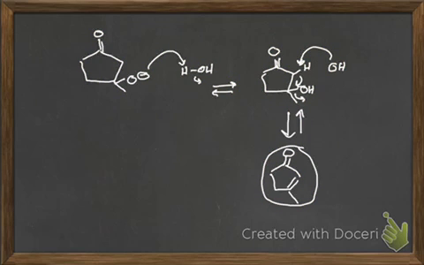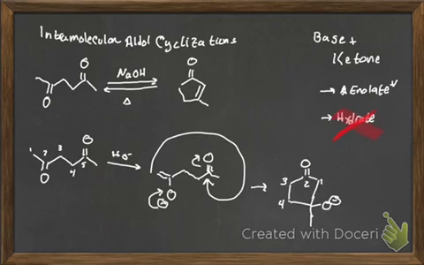I'm going to hop back a couple slides, and I want to point out one thing. The reason the 5-membered ring works here so well is because on the 5-membered ring, sp3 bond angles are 109.5.